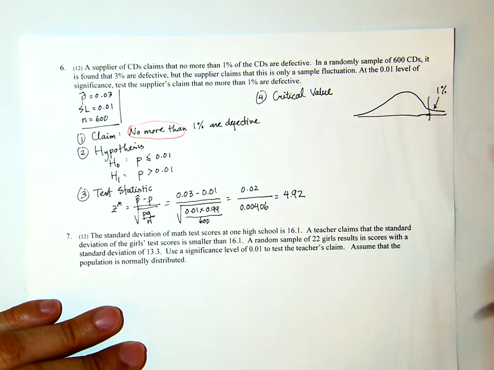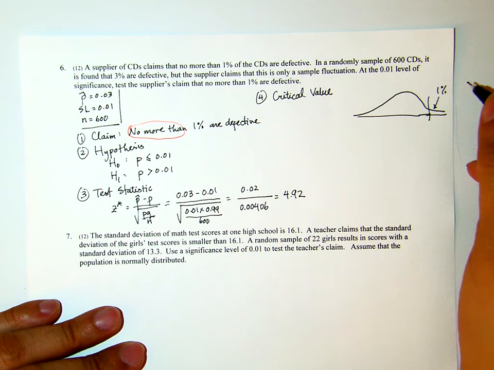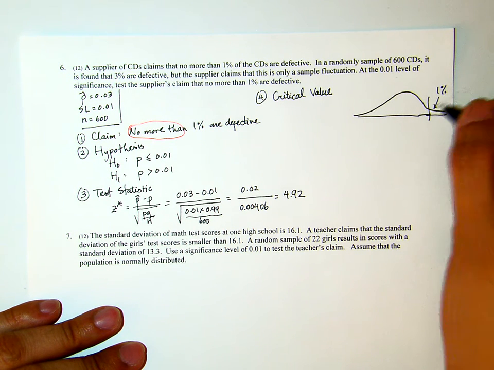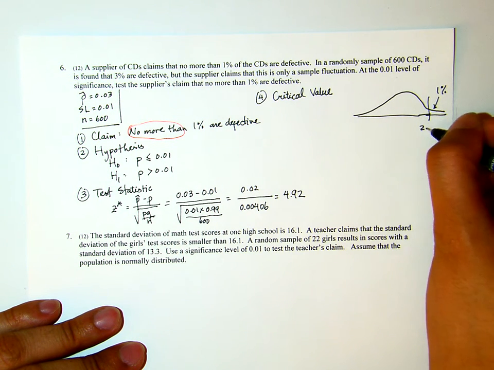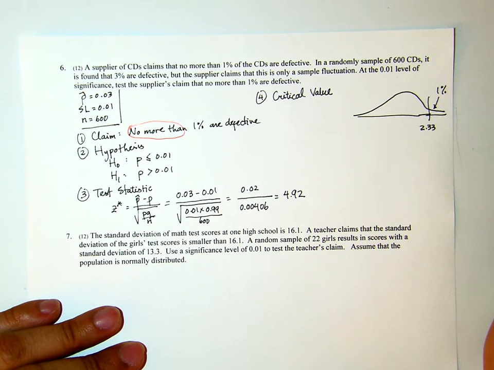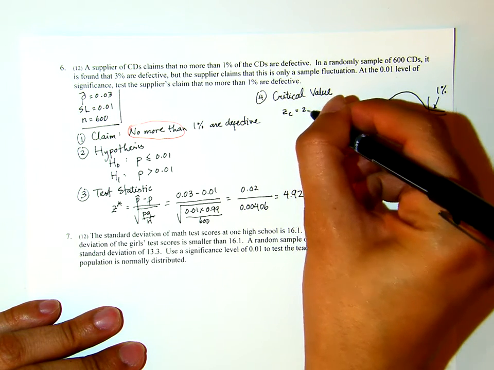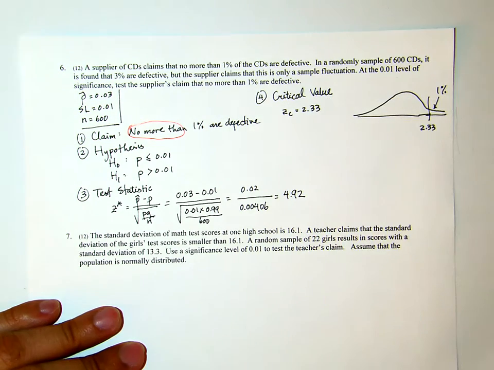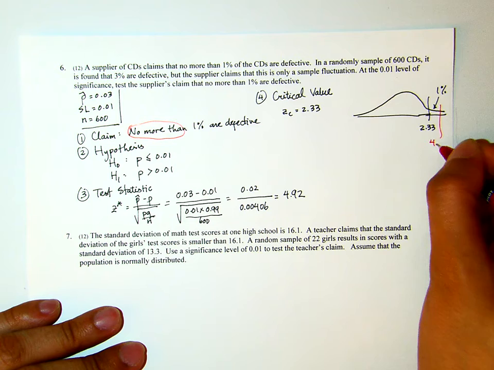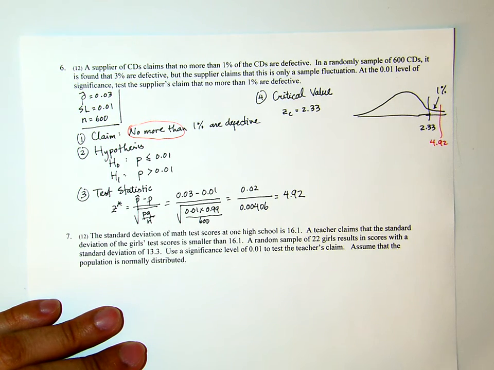If you take a look at the table, it will be 2.33 here. Now that's the critical value. If we compare to the test statistic, the test statistic is far away, it is 4.92, right?